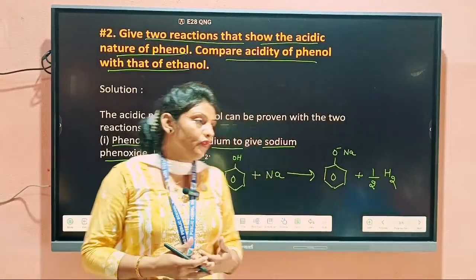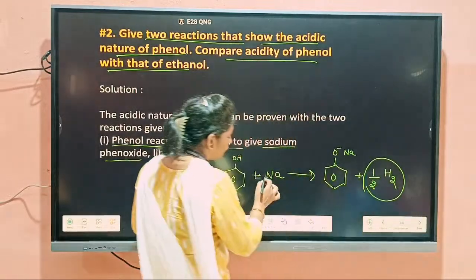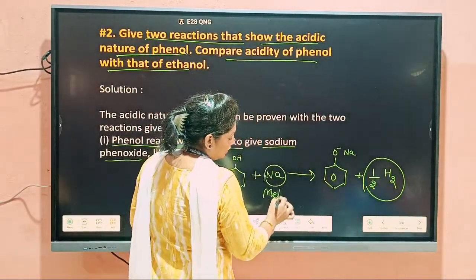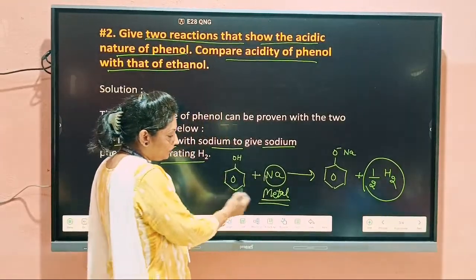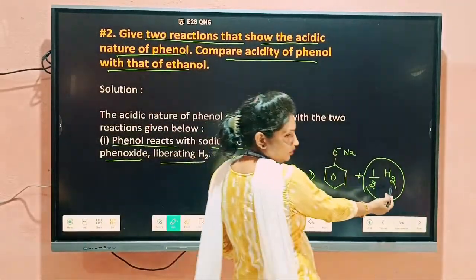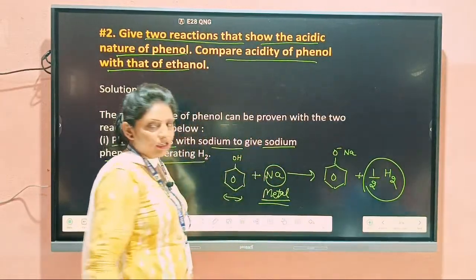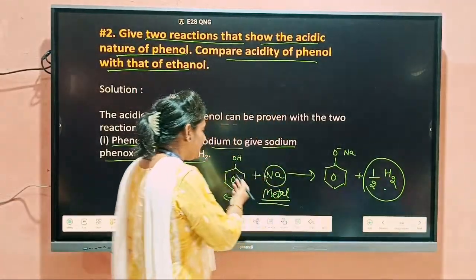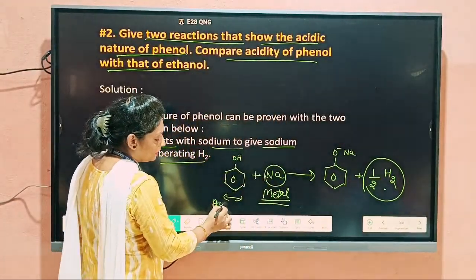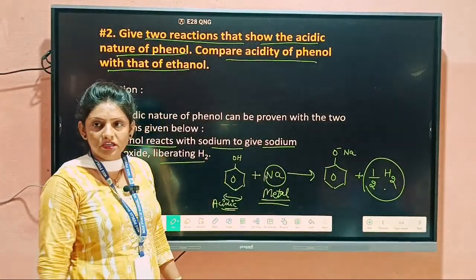Here, phenol reacting with a metal produces hydrogen gas. So it shows that phenol is acidic in nature. It is clear to you or not?